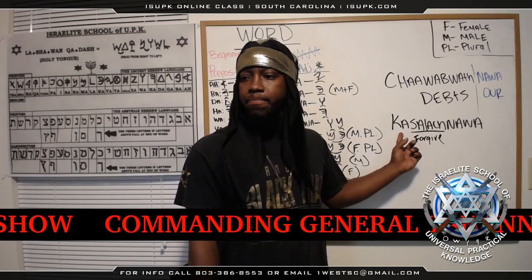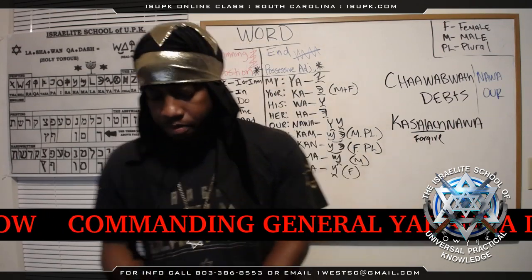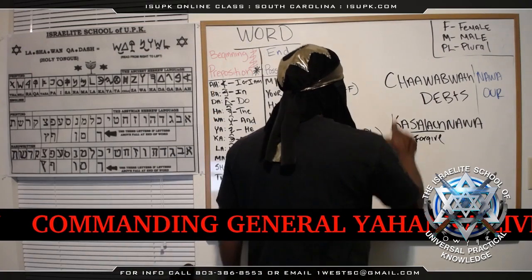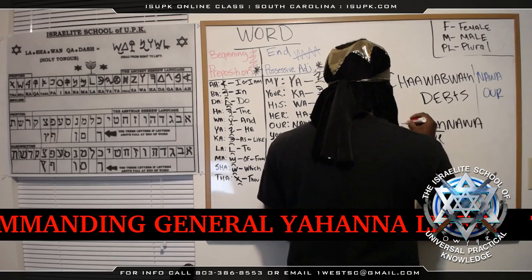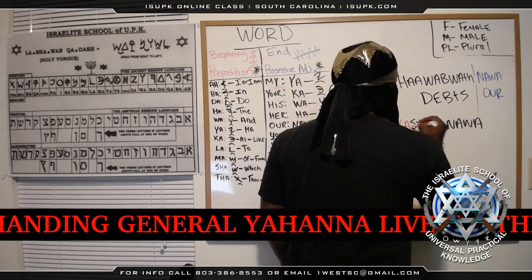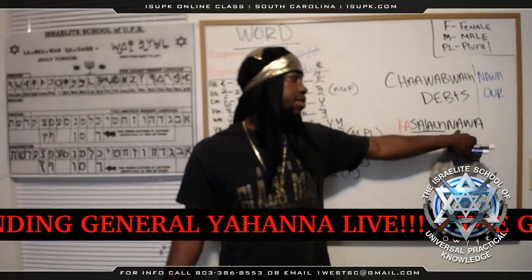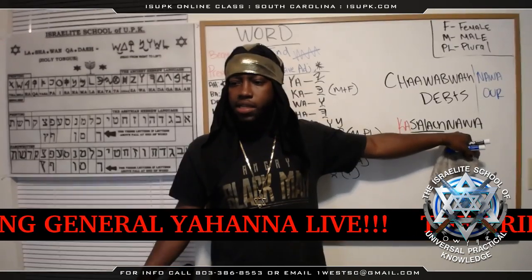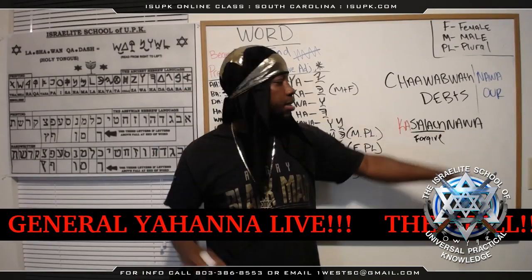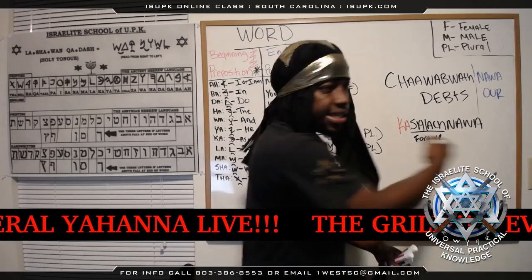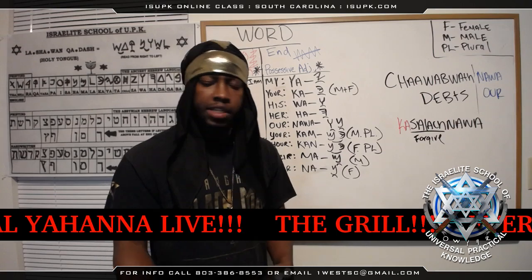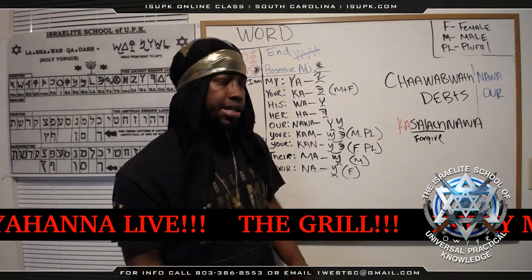This is a preposition. A preposition comes at the beginning of a word. So we have ka. What kind of word is this at the end of salak? It's a possessive adjective. It enhances the word that it's behind, I should say.